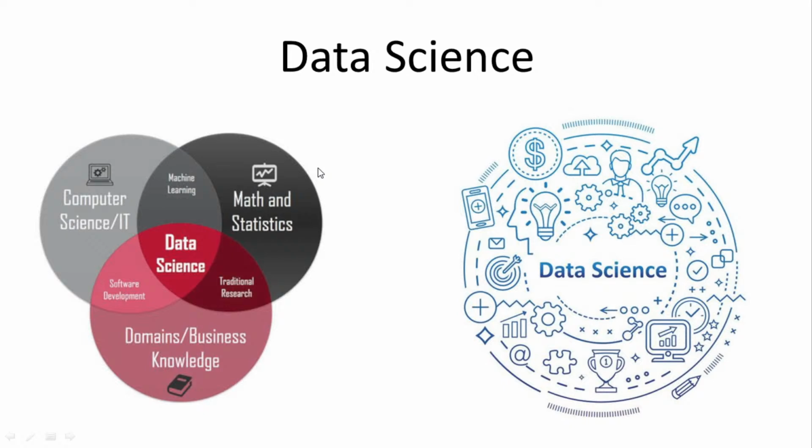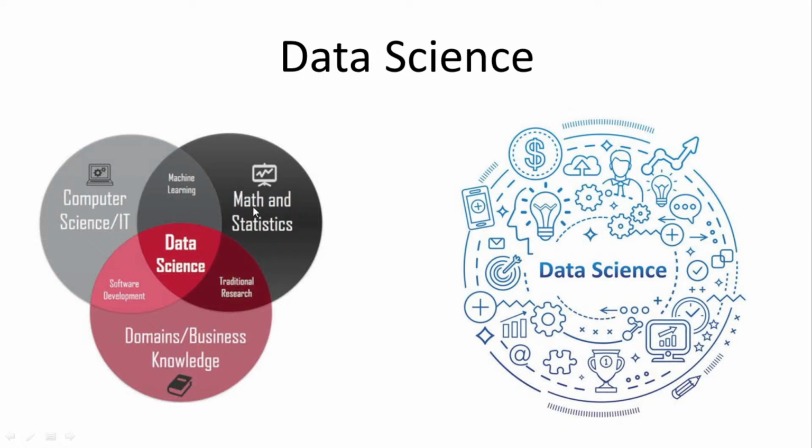It is an interdisciplinary field that uses scientific methods, processes, machine learning algorithms and also systems to extract knowledge and gain insights from many structured and unstructured data. That is what it does. It is related to machine learning, data mining, big data and all of it, right?